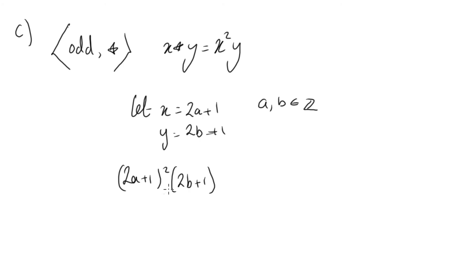I'm not going to do it here because it's running out of space, and it's quite elementary. Just expanding out this bracket and multiplying by 2b plus 1, you'll end up with p plus 1, where p belongs to the integers and is just going to be a function in terms of a and b, and then we have plus 1. So this will be odd, so we'll show that the product of these two things is odd, hence the odd numbers are closed under this binary operation.